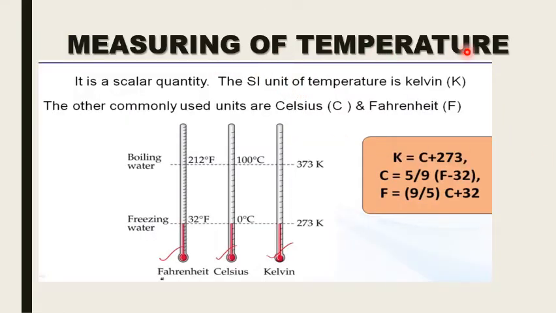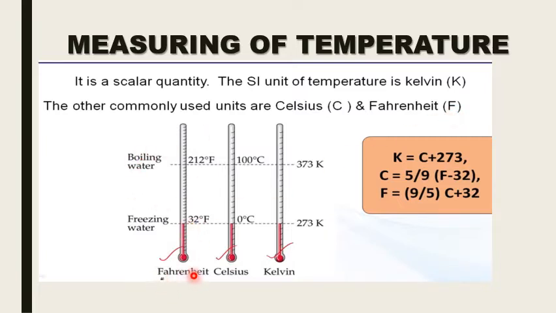Next, measuring of temperature. It is a scalar quantity. The SI unit of temperature is Kelvin. It is denoted by the letter K. The other commonly used units are Celsius, denoted by the symbol C, and Fahrenheit, symbol F. You can see this.